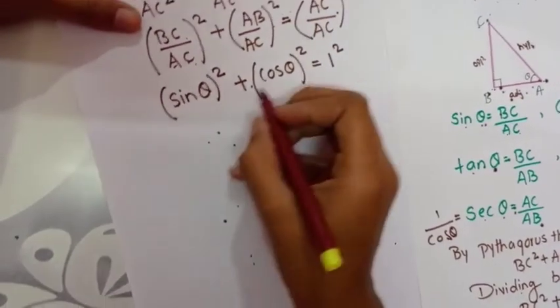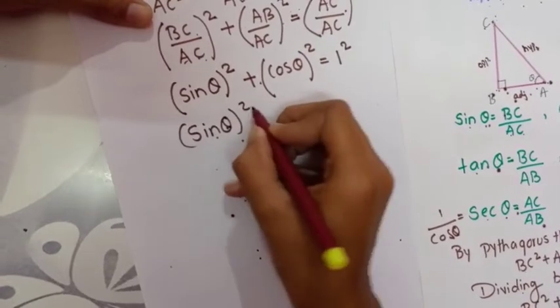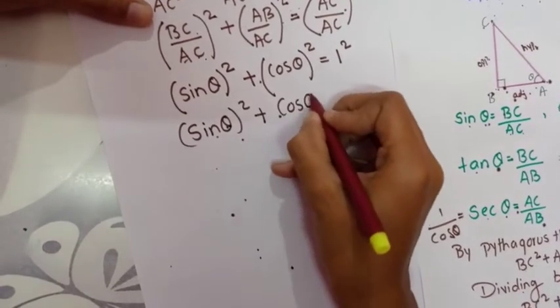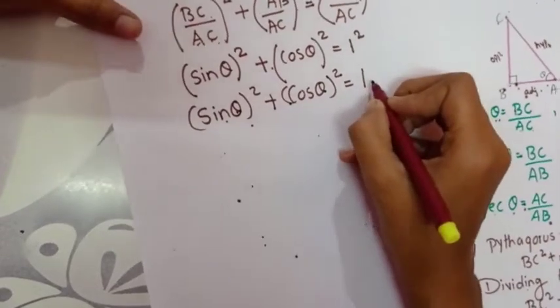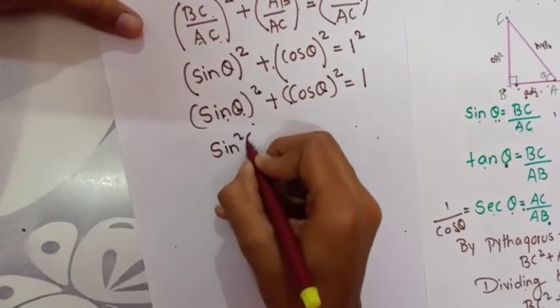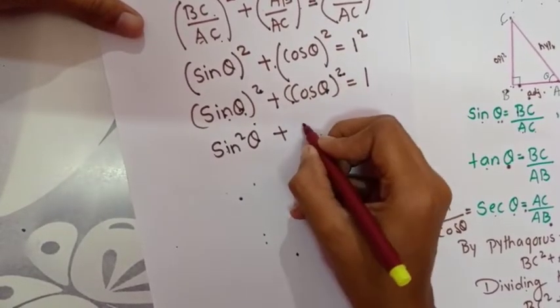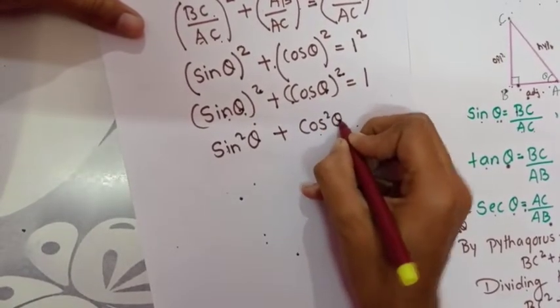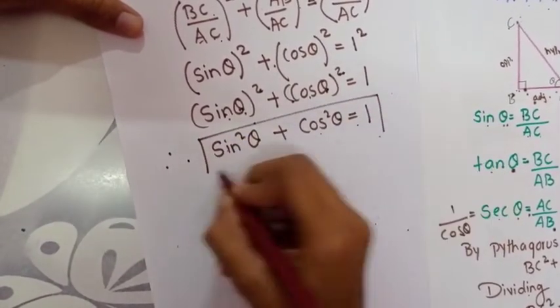Here we can write it as sin theta whole square plus cos theta whole square is equal to 1 square, which is 1. Sin theta whole square can also be written as sin square theta, plus cos theta whole square can also be written as cos square theta, which is equal to 1. This is the required equation.